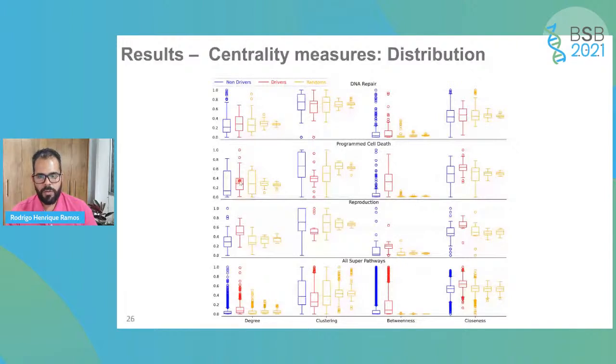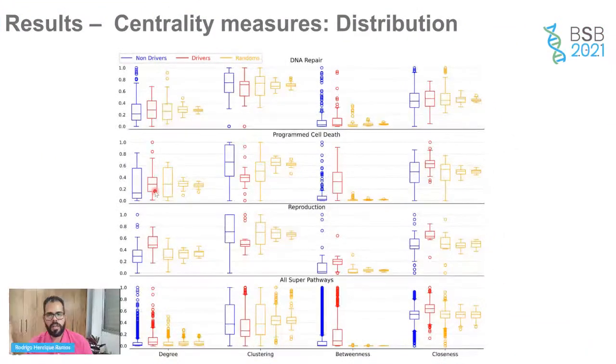We see there's a difference in the box, a difference in the median. But since the drivers are a subset of the entire network, what we see here can be explained by random sampling. So we made these orange boxes that represent one sample, 10 samplings, and 100 samplings. So when we look at the blue and red box, there is a difference.